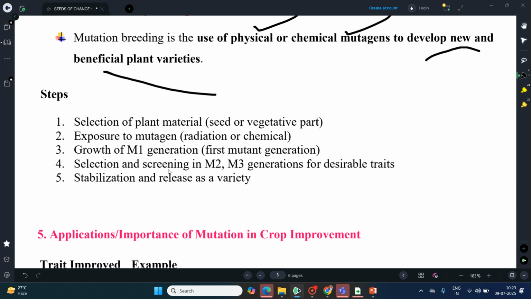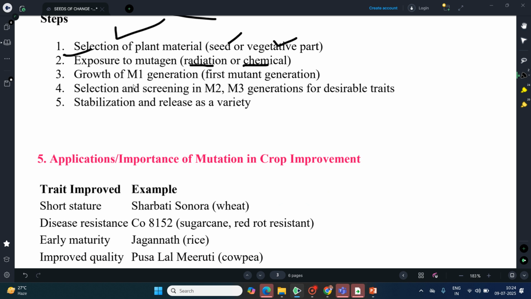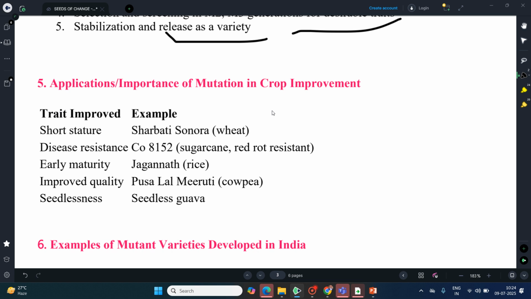The steps involved are the selection of the best plant material, may be seed or vegetative origin, and those things are exposed to mutagens, maybe physical mutagens like radiation or chemical mutagens like EMS, colchicine, etc. Then growth of the M1 generation, that is the first mutation generation, and selection and screening of M2, M3 generations for desirable characters, and stabilization of the selected varieties through different generations, maybe 7 to 8 generations, and release of variety, finally the mutant varieties.